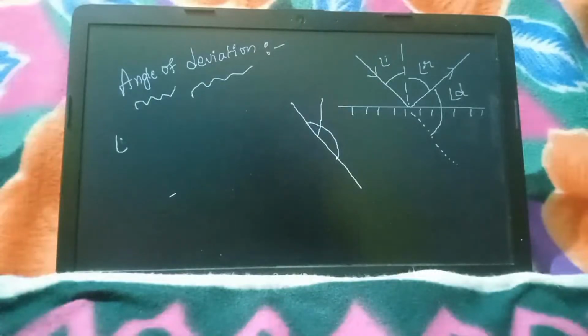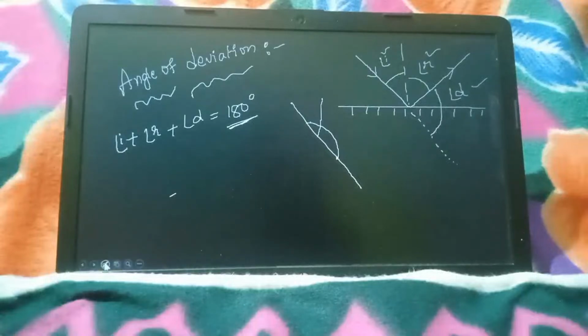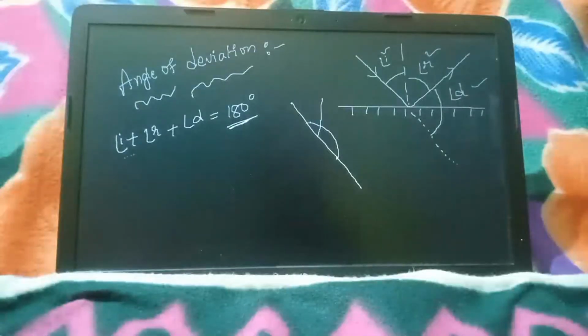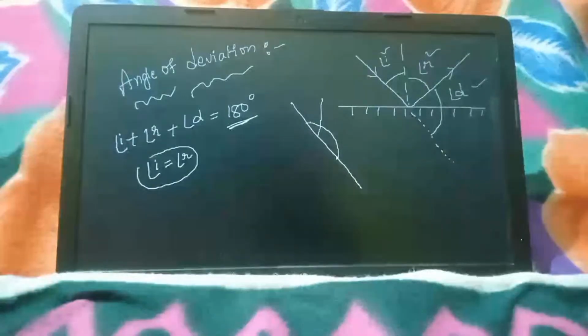So angle of incidence plus angle of reflection plus angle of deviation equals 180 degrees. Total 180 degrees I am considering. Okay, right? From the laws of reflection, angle of incidence equals angle of reflection.